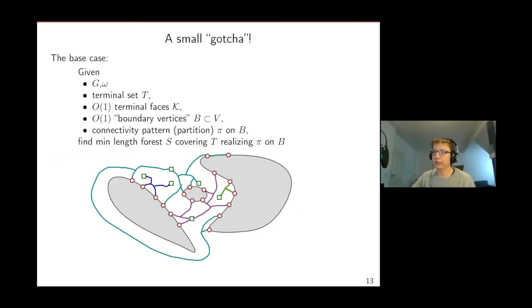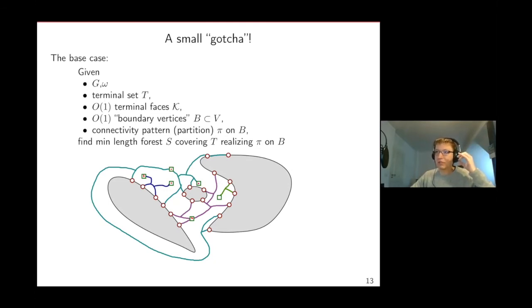And another thing that will happen is we had these separating vertices capital X, and if you're careful, then in the base case you will only end up with a small number of these vertices that come from earlier separations, earlier cuts. So I denote that set by capital B. So capital B is these green squares, roughly corresponds to X earlier, which I need to connect to.